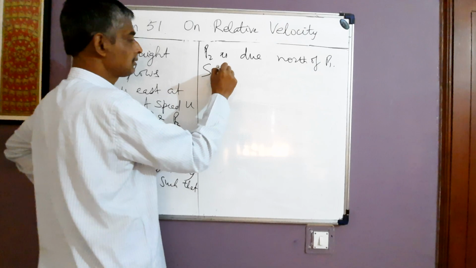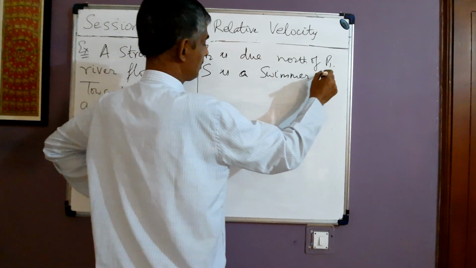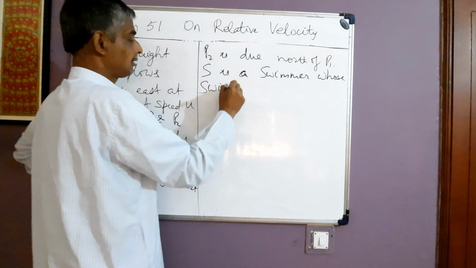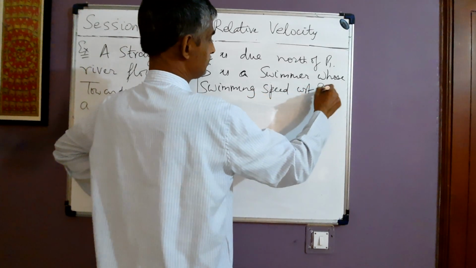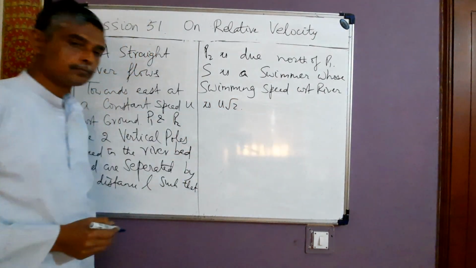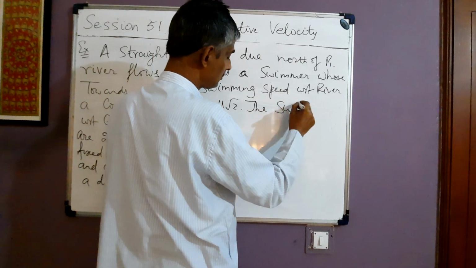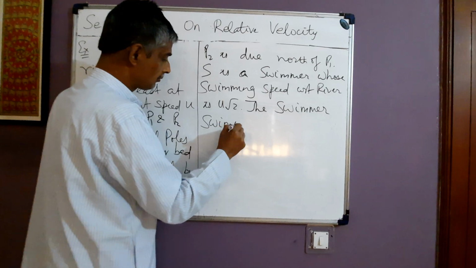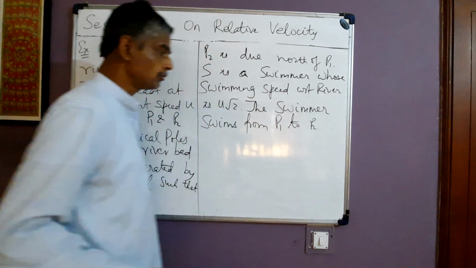S is a swimmer whose swimming speed with respect to the river is u root 2. The swimmer swims from P1 to P2.